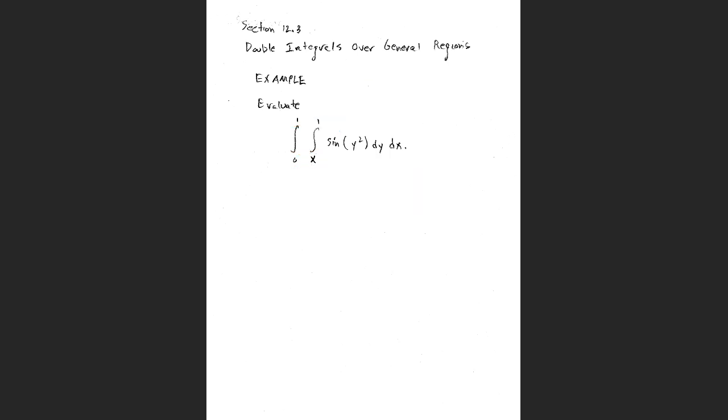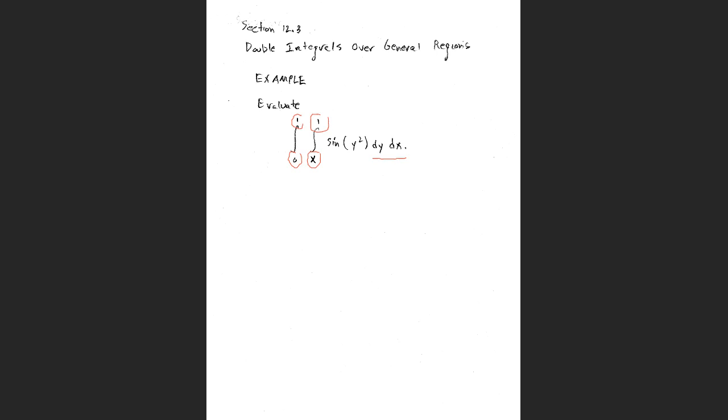So what we have to do is, if I'm integrating with respect to y first and x second, I ought to be able to write an integral where I integrate with respect to x first and y second. But based on these limits here, I have to figure out what my region D is.